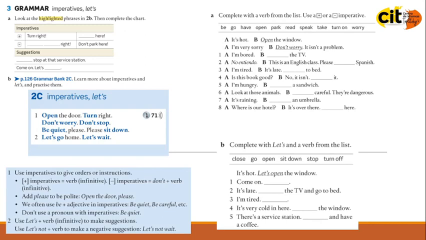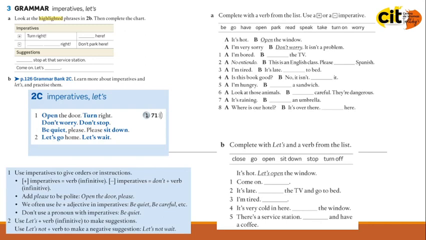chart, okay? So you have, for example, turn right, here, okay? Or right, don't park here, okay? That is imperatives. And then we have suggestions. How do we express suggestions? So look at the highlighted words in the previous activity and complete the chart, okay?